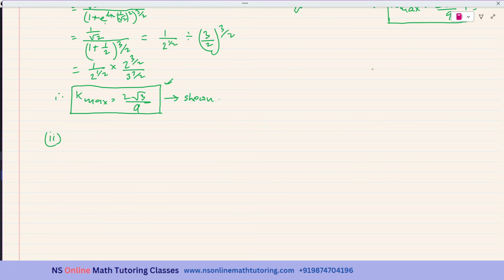If you try to think about their graphs, e to the power of x is like this. For e to the power of x, the horizontal asymptote is the x-axis, and for ln of x, the vertical asymptote will be the y-axis, and it will be this way.